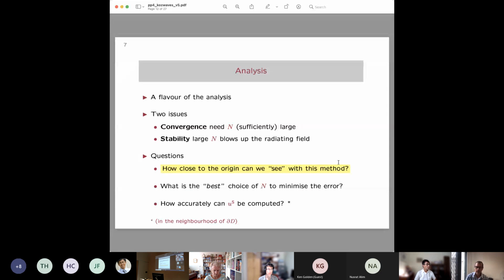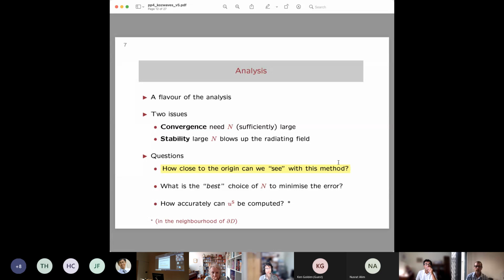And the questions that I'm interested to answer are, so the first one, we've already seen that something strange happens close to the origin. So the big question is, we can kind of see the scattered field with our method. How close to the origin can we see with this method before these strange things happen?